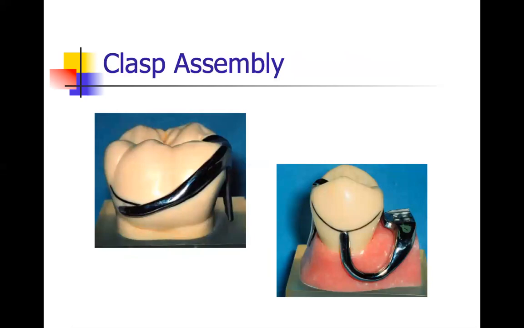Now, what is a clasp or clasp assembly? A clasp is a part of a removable dental prosthesis that acts as a direct retainer or stabilizer for a prosthesis by partially encircling or contacting an abutment tooth.